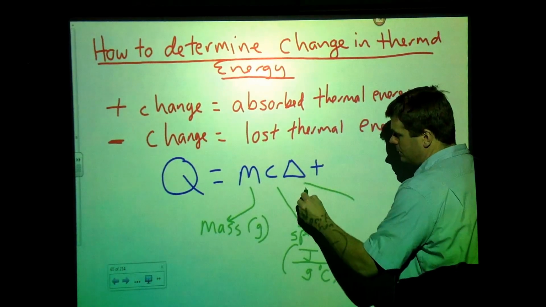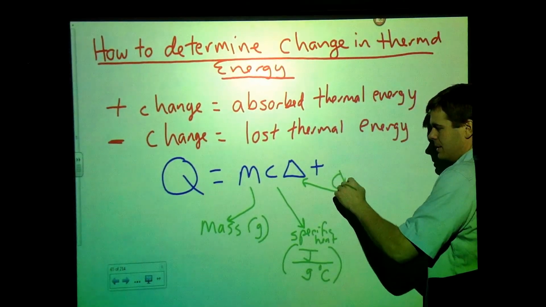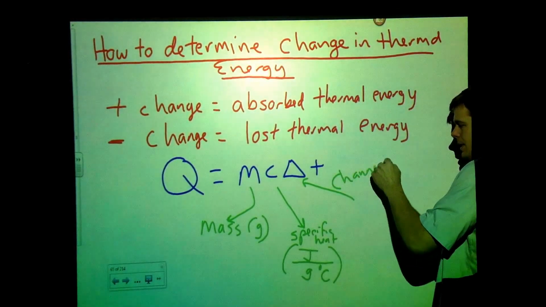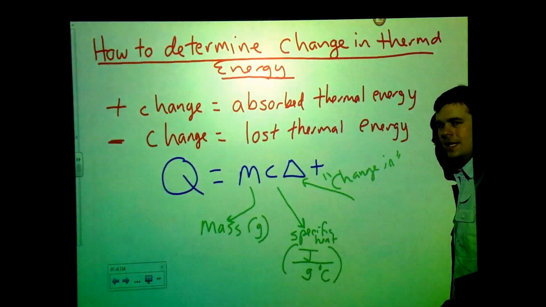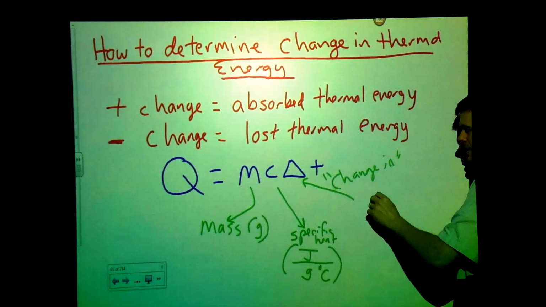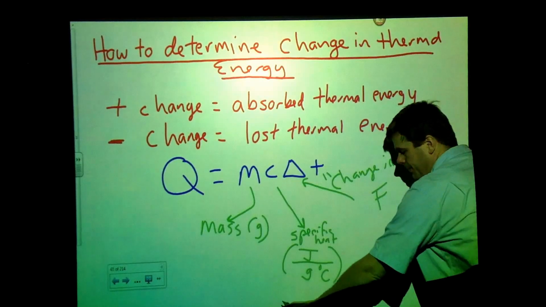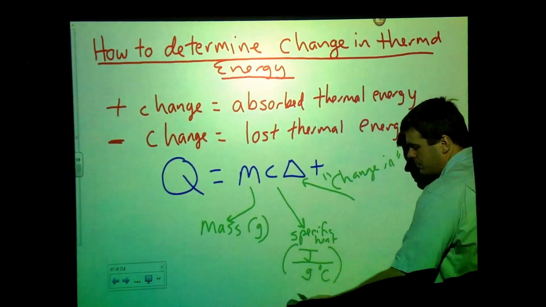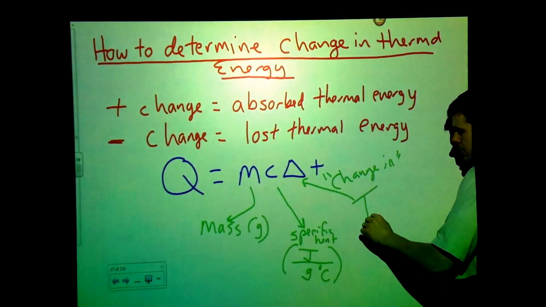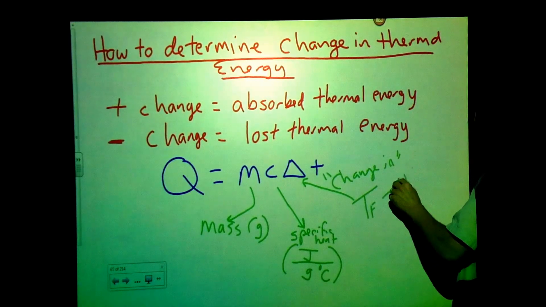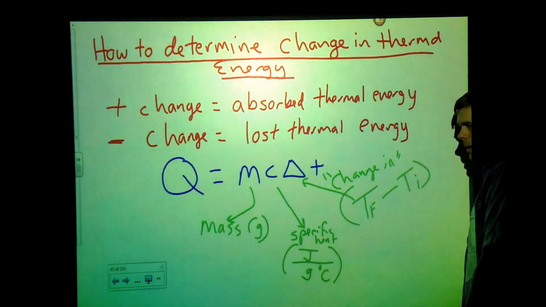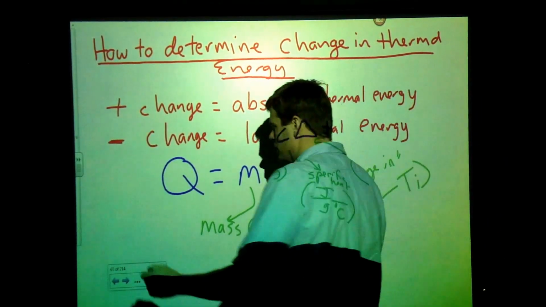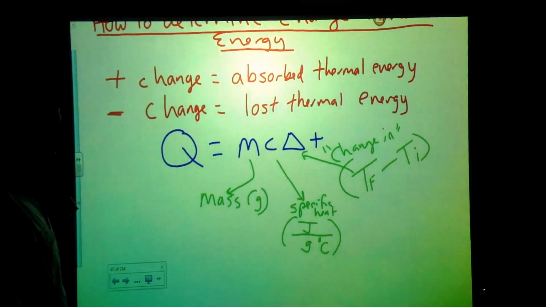Whenever you see this delta, you want to read that as change in. To get a change, we always subtract the initial value from the final value. You might remember this from when we did acceleration, way back at the beginning of the course.